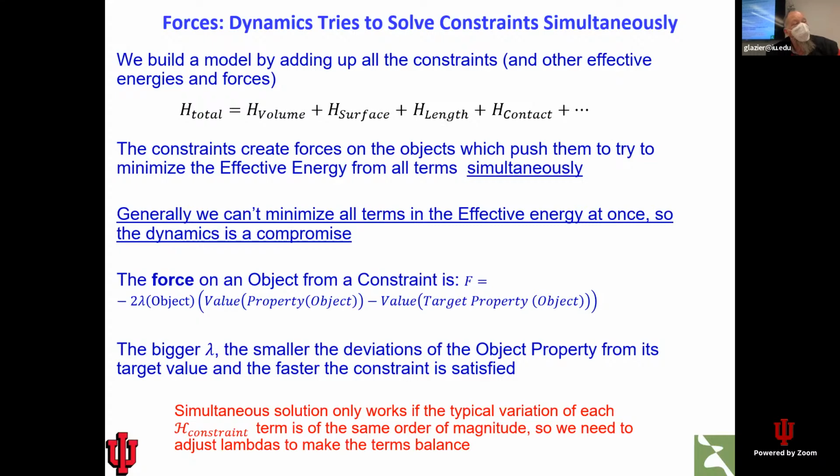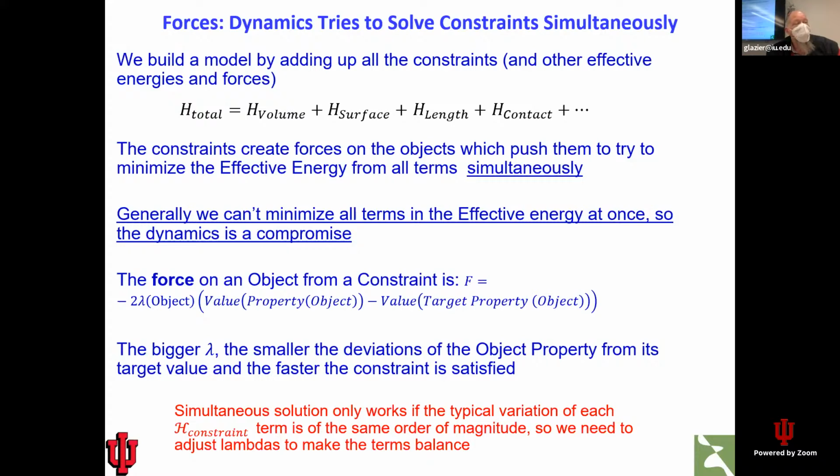Again, the key thing to remember is that the force on an object from a constraint is -2 times the lambda for that constraint, the strength of that constraint, times the value of the characteristic of the object related to that constraint minus the target for that constraint. Again, so you have a linear force in terms of distance.